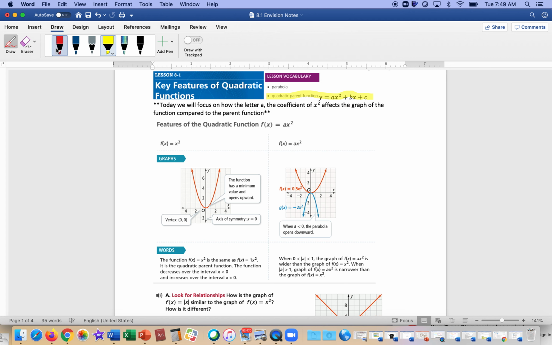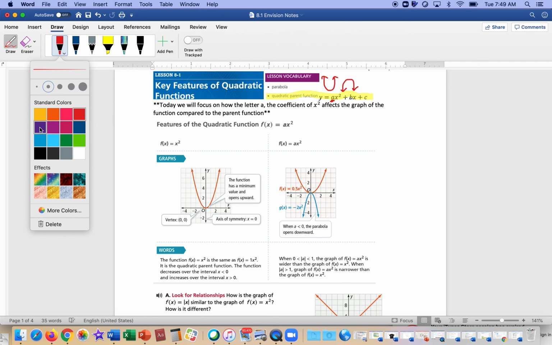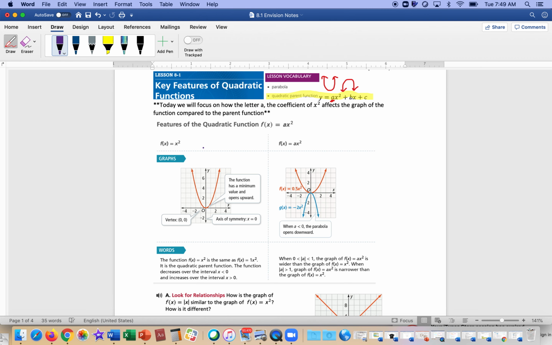And the shape of these functions looks something like this. They're U-shaped, okay? And they're either up or down. So again, today we're just going to focus on A and how that impacts the shape of the quadratic function. Later on, we'll look at other parts of the function and see how they impact the parabola.